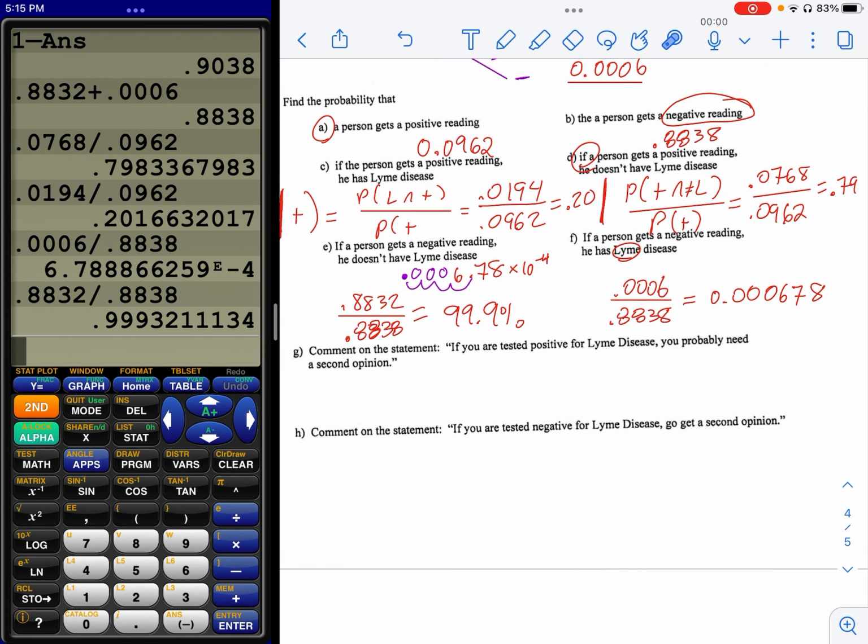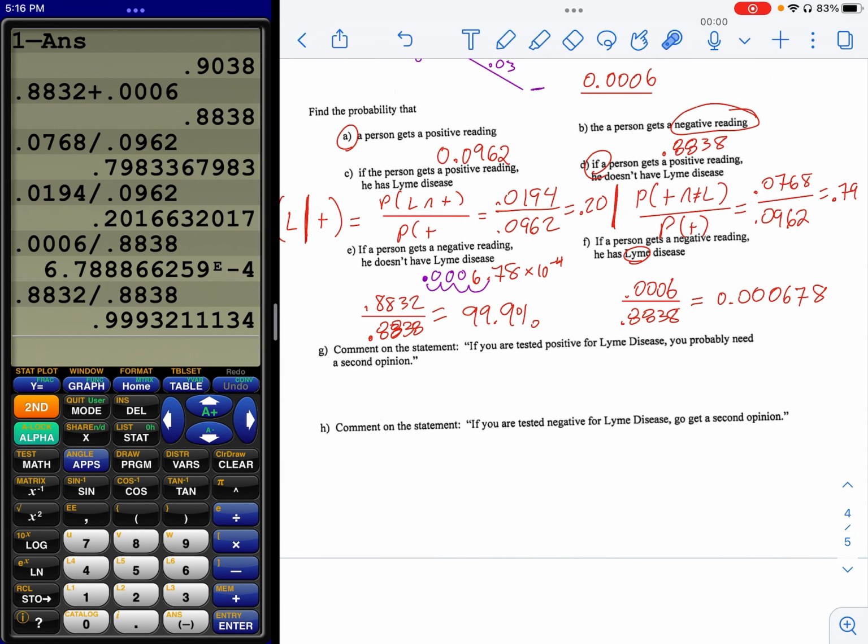All right. G and H are like follow up. If you tested positive for Lyme's disease, you probably need a second opinion. That would be these. If you tested positive, right? Well, if you tested positive for Lyme's disease, should you get a second opinion? How reliable is the test?